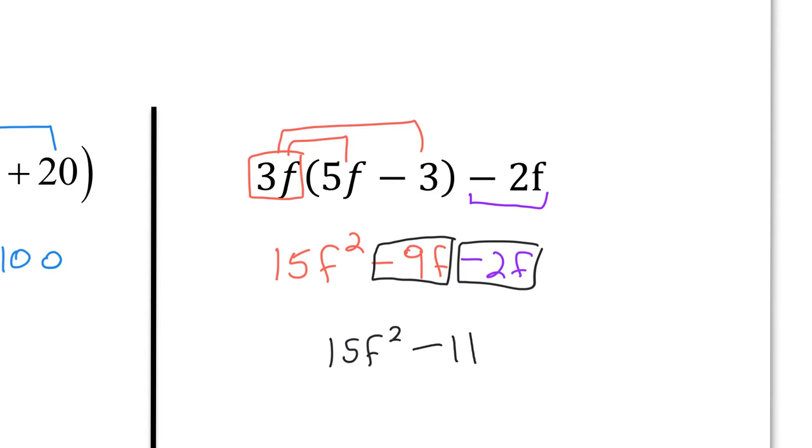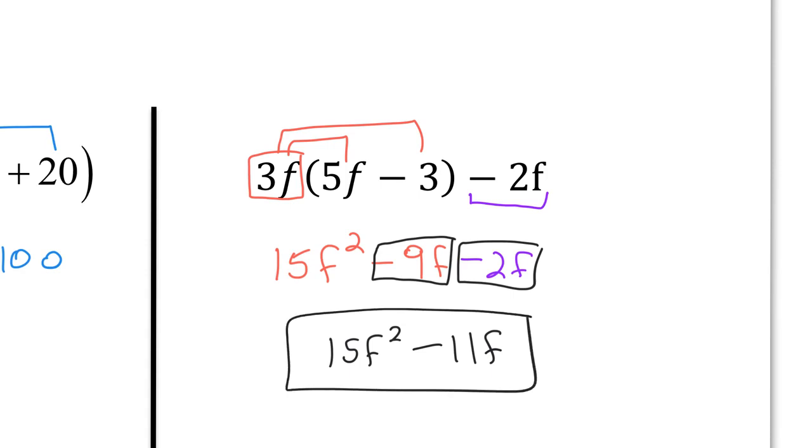You add the numbers because they have the same sign, and you keep the sign. So negative 11 and keep the variable f. Now notice what happened. I don't write a squared because I don't add the exponents. When you combine like terms, you keep the same variable with the same exponent. So my answer is this.